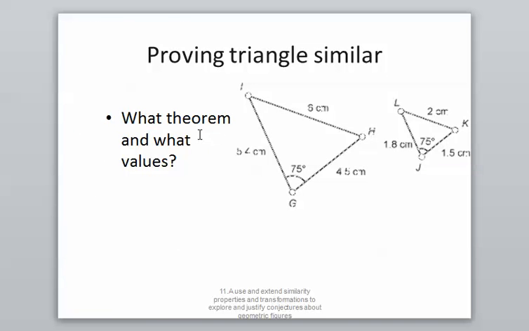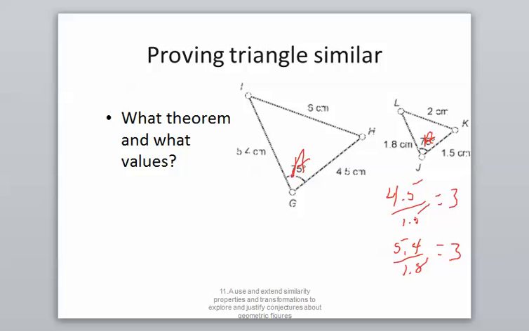It says, what theorem and what values? Well, if we're asking me to prove the triangles similar and they want to know what theorem I'm going to use, I noticed that they gave me that this angle is the same in both of these two. Okay? And then I noticed that 4.5 divided by 1.5 is equal to 3, and that 5.4 divided by 1.8 is equal to 3.